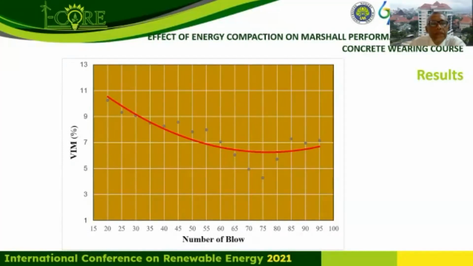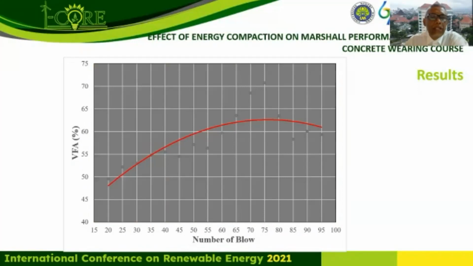This is the void in mix, VIM. The data decreases to a specific value, which is 75 blows. After that there is an increase in the data.